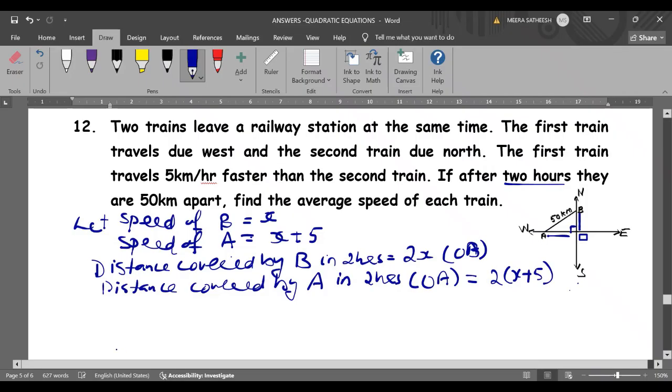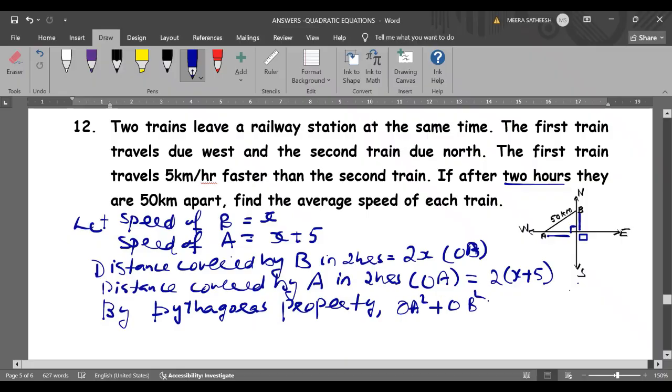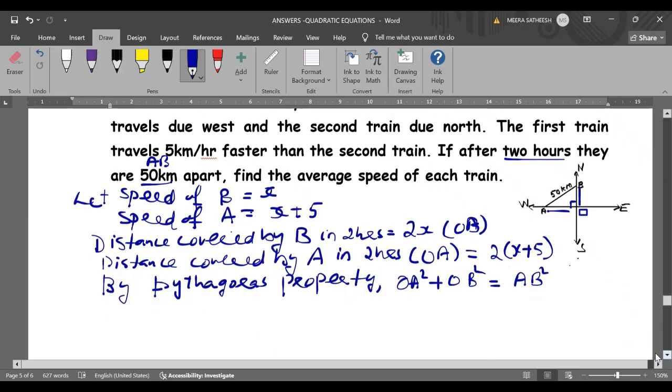Now we have to apply the Pythagoras property in that triangle. So by Pythagoras property, OA square plus OB square is equal to AB square. And AB is given as 50 kilometers. This is AB. Now substitute.